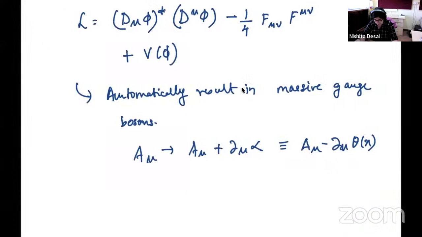And this is essentially what people refer to when they say swallowing a Goldstone boson.